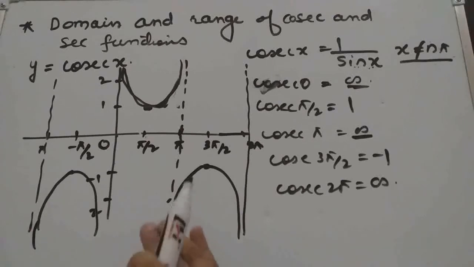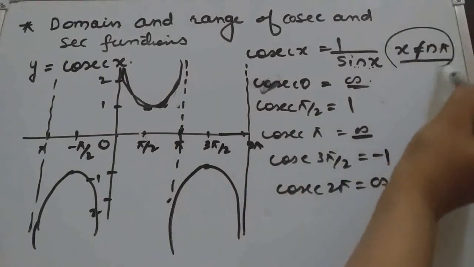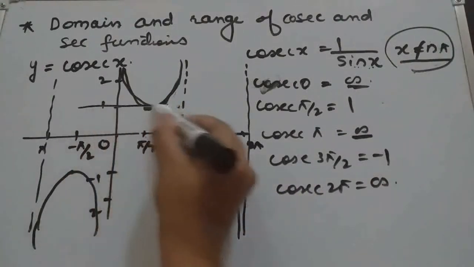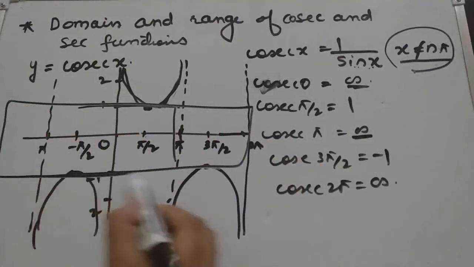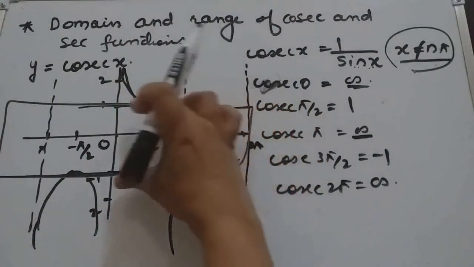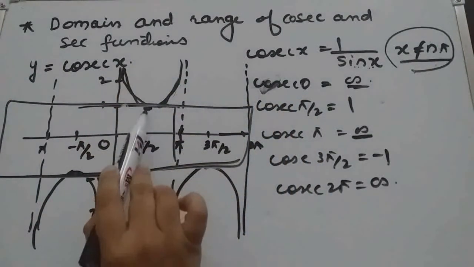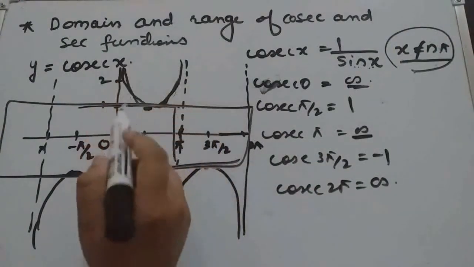Okay, so if you observe the range, domain we got, isn't it? What will be the range? In these values, see f of x or y, these values it is not taking. These values means values between minus 1 to 1, isn't it? It takes 1, it takes minus 1, but in between these values it is not taking.